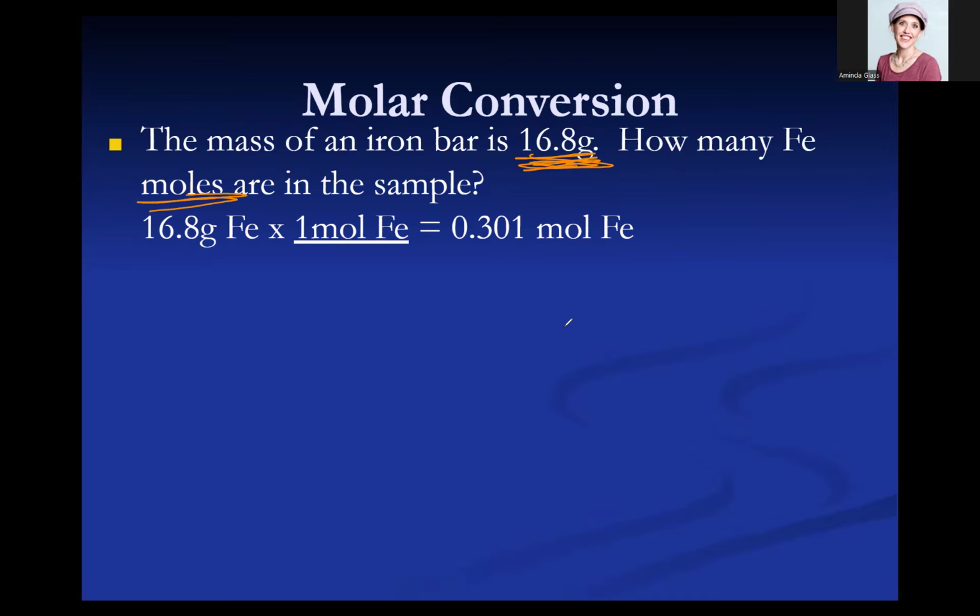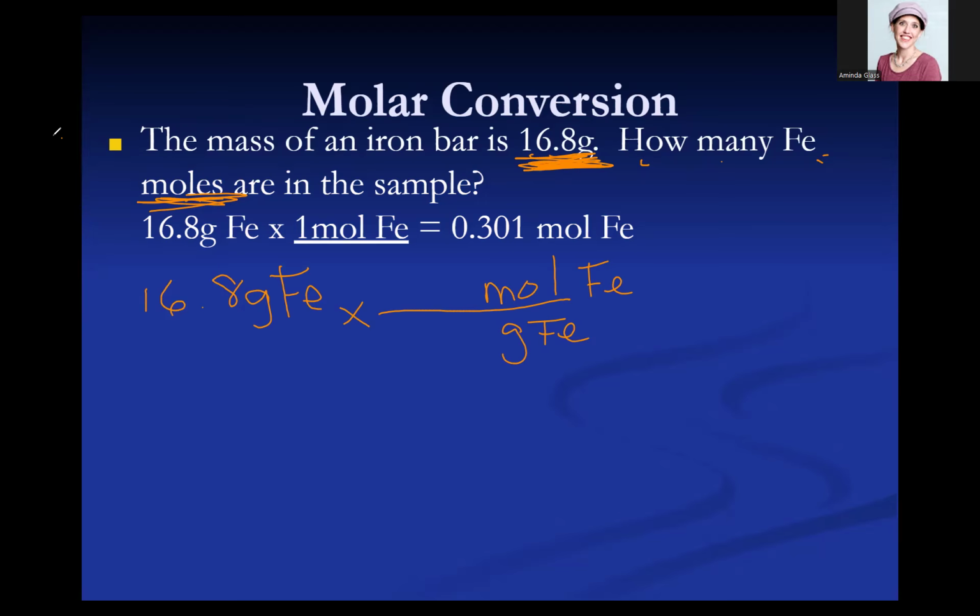So we're given 16.8 grams. We want to know how many iron moles are in the sample. So we say, well, I'm given 16.8 grams of iron. I write that down. Then I want to know how many moles. So moles will go on top, moles of Fe, and grams of iron will go on the bottom.